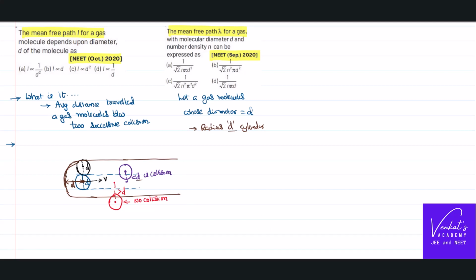So what we can say here is, all gas molecules within the imagined cylinder of radius d, where d is the diameter of a given gas molecule, will have collisions with the base molecule that we have taken into consideration, which I have drawn in blue color.